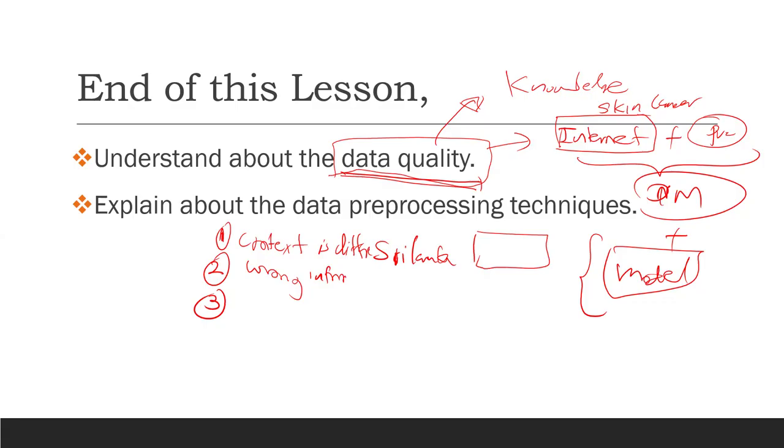The first thing, right? That's why we look at the data quality, right? So this is the source we are getting from the internet, so we don't know whether this data is collected in a proper way. There are so many reasons we can say, but I will tell some important things.